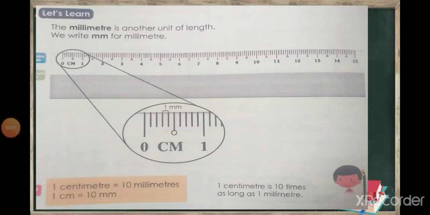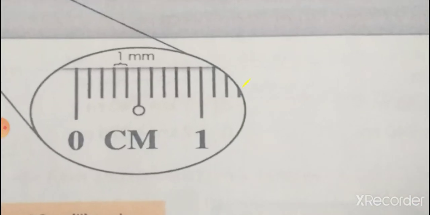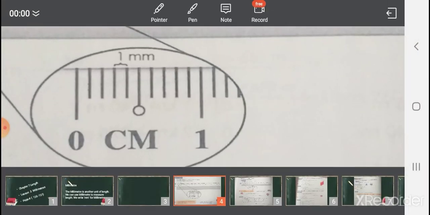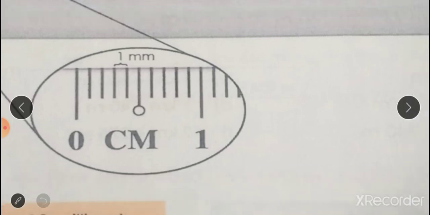as we know, the millimeter is another unit of length. We write mm for millimeters. So look at the markings on the ruler. See how far apart from each other the long markings are? That is 1 centimeter. So can you tell me how many small markings are there between any two long markings?